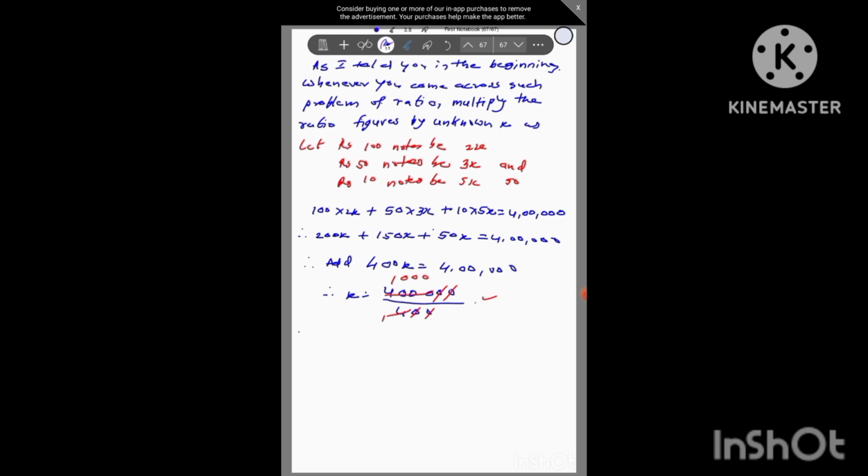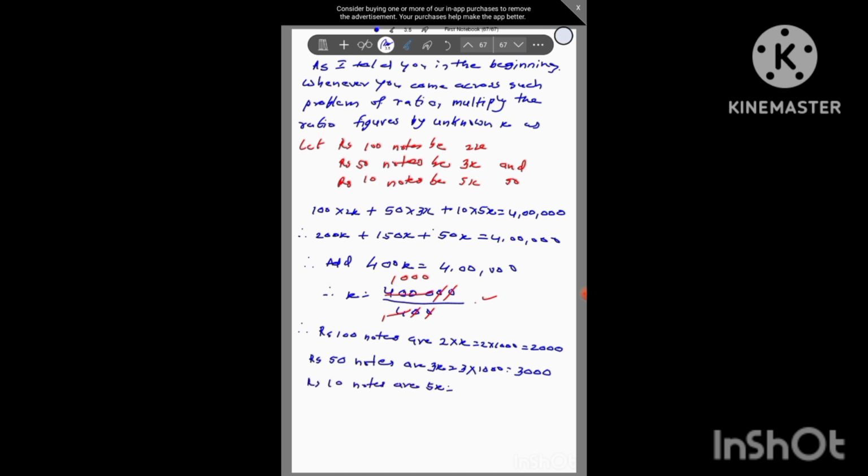Okay, so 100 rupee notes, there are 2x, that means 2000. 50 rupees notes will be 3000, and 10 rupees notes will be 5000. Okay, so that solves your problem very easily if you keep the ratio same.